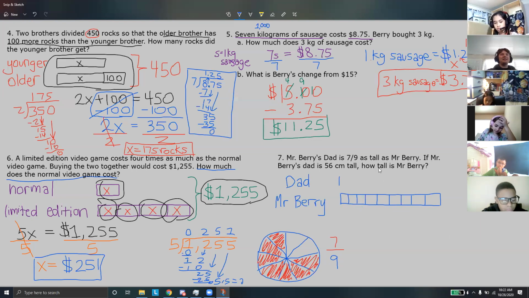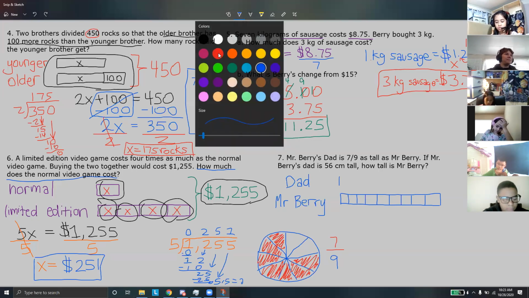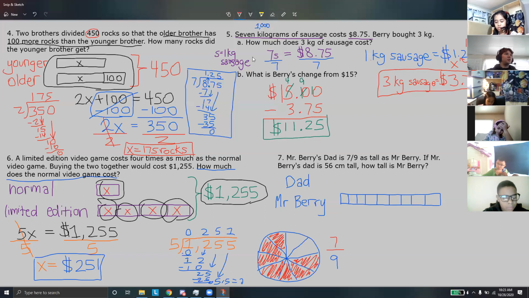The reason I'm splitting it into 9 is because if I'm splitting my dad into 7 out of 9, then I need to make sure that there's 9 total so I can measure it. And so if I want my dad to be 7 out of 9, his is only going to go to the length of 7 of these, right? Because he's not as tall, so it's going to be like this. So that's how tall my dad is.